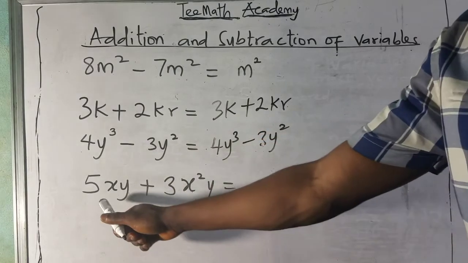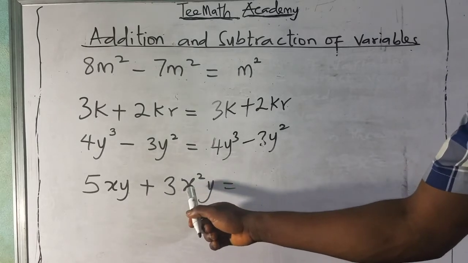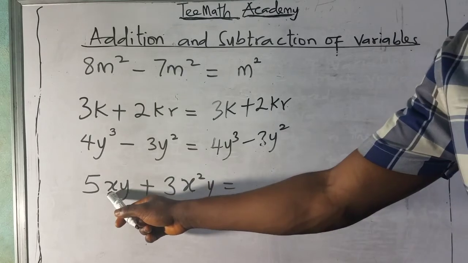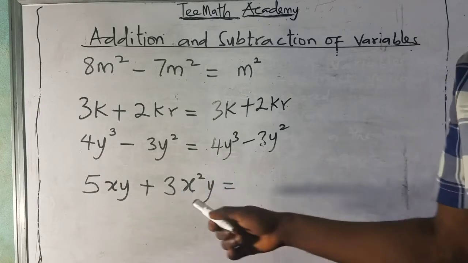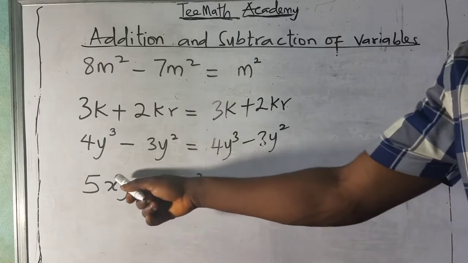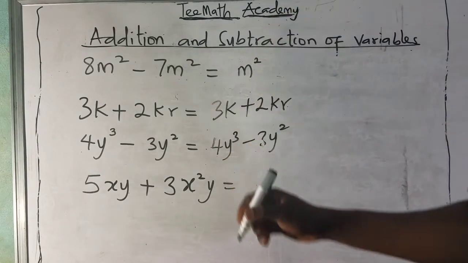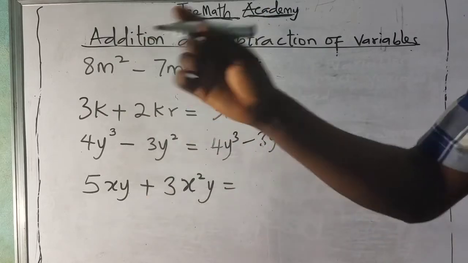Then here, 5xy plus 3x squared y. Here is xy, the same variable. But this one has a square, a power, and this one does not have. In each of the variables, the powers must be equal with one another, in fact with the whole thing.